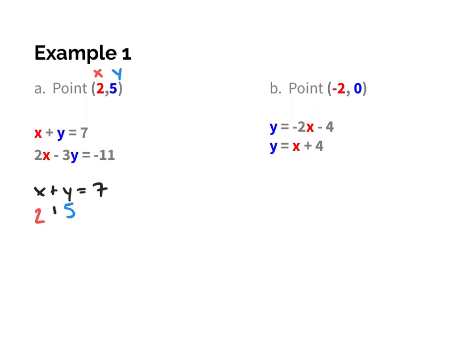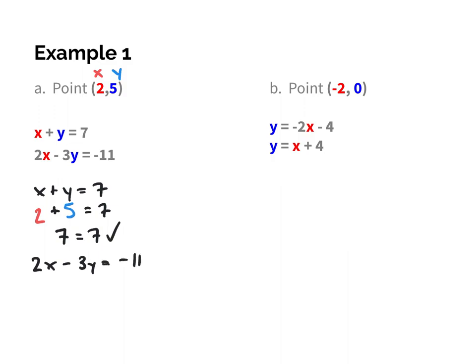And I want to know, when I add those two things together, do I get 7? Obviously 2 plus 5 does give me 7, so notice how that makes a true statement. That's good, but I want to make sure it works for both. So I'm also going to plug this into the second equation, 2x minus 3y equals negative 11.